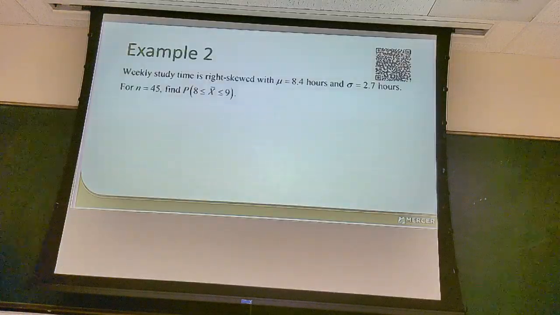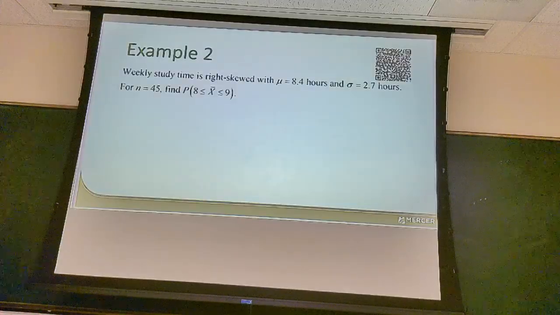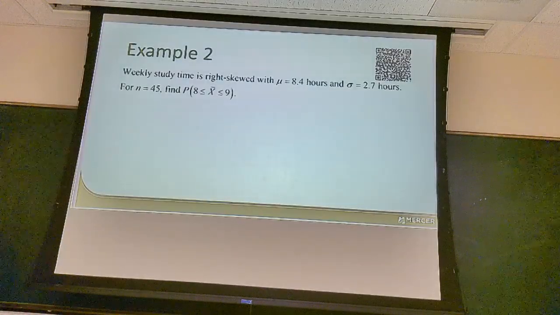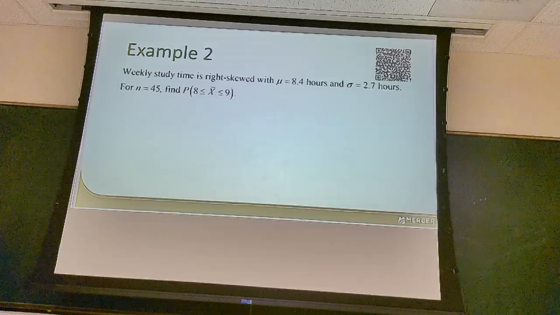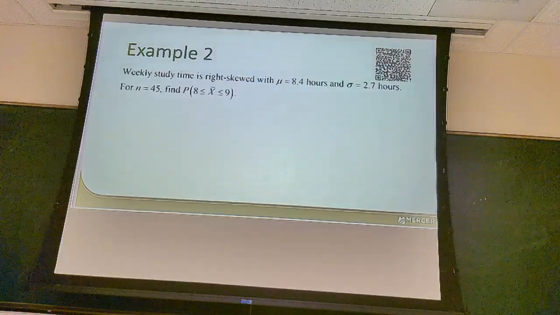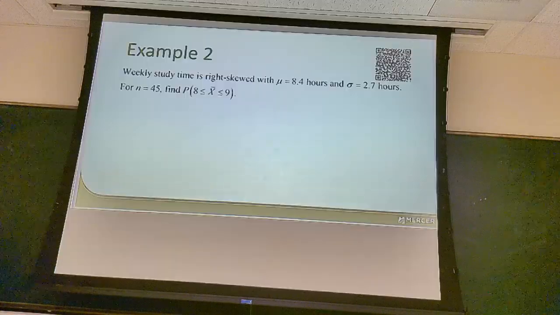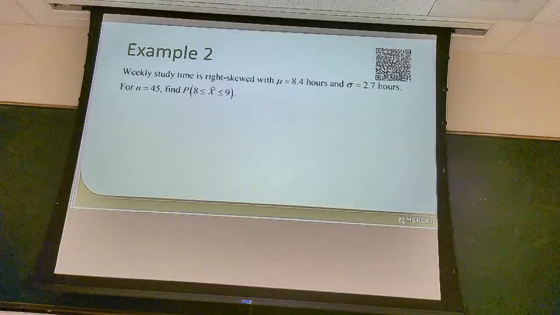Weekly study time is right skewed, with mean 8.4 and standard deviation of 2.7 hours. A random sample of 45 is selected. What is the probability that the average study time is between 8 and 9 hours? First thing, is the population normally distributed?